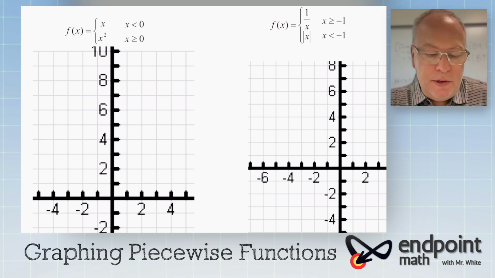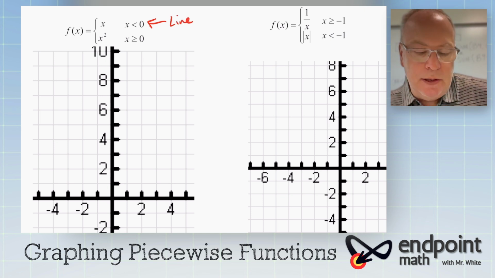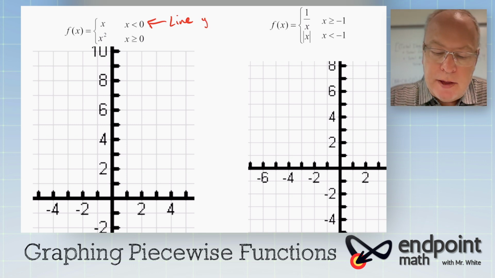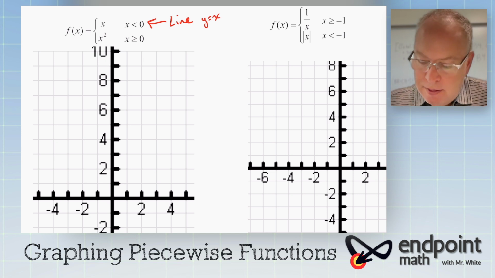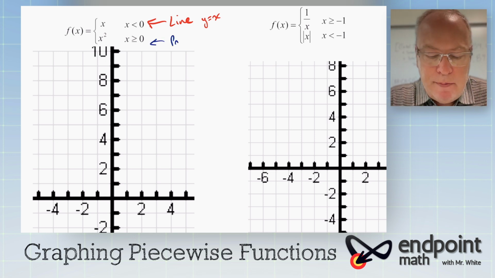And do you notice that the first piece is a line, right? It's the line y equals x. So I'm going to write that down, y equals x. And then the second one, I'm going to use a different color. It is a parabola because it's an x squared graph, and it is y equals x squared.